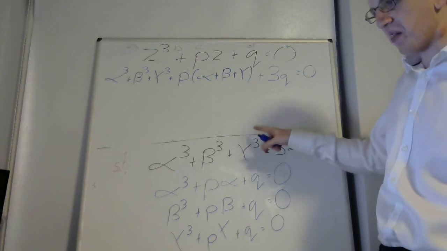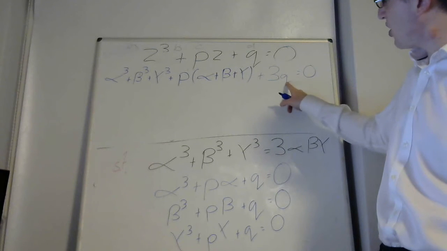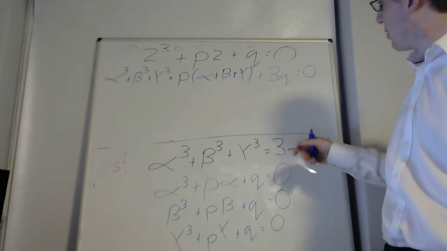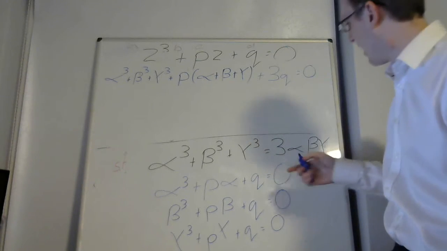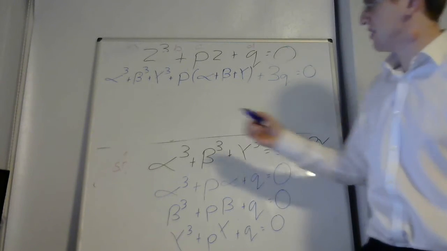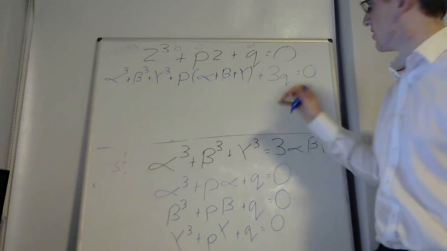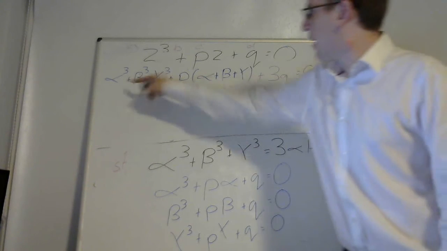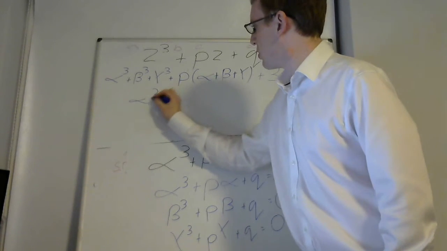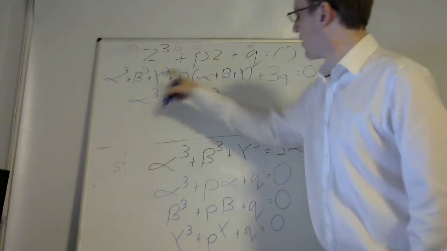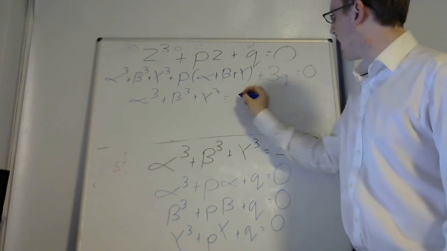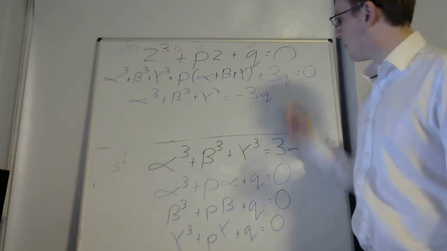And also, I'm not going to be able to remember it now, q was something to do with alpha, beta and gamma as well. I think q equaled minus alpha, beta, gamma. I mean, that's what's going to make things work out anyway. So let's just say it was that. So alpha cubed plus beta cubed plus gamma cubed, this is equal to 0, so that equals minus 3q.